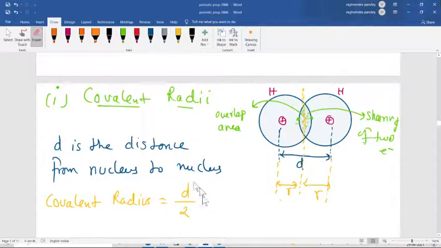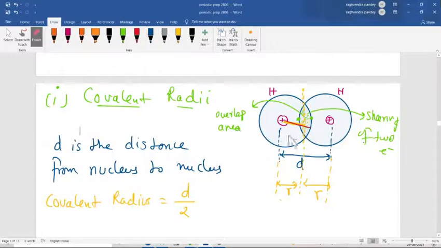For the covalent radius, I am measuring from this point to this point. But the exact radius is the red line. I am already measuring to the yellow line here, that is the radius R. So that is the problem.